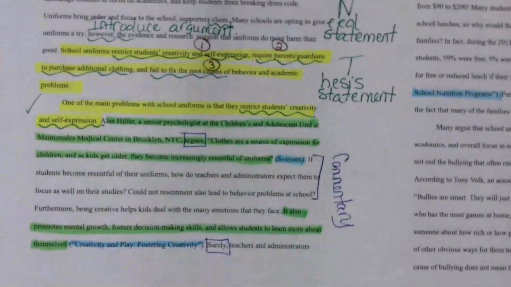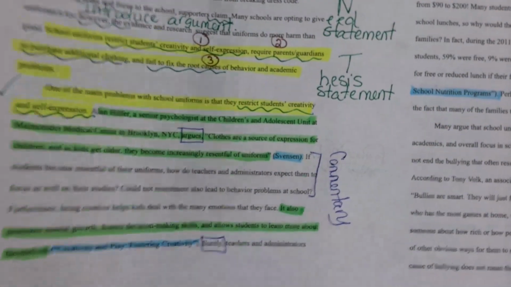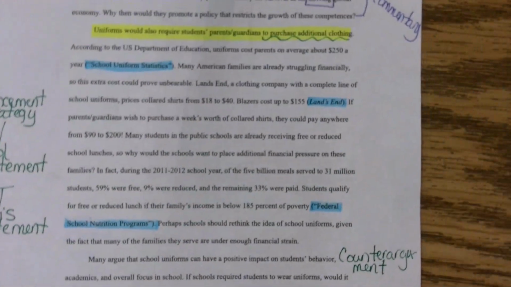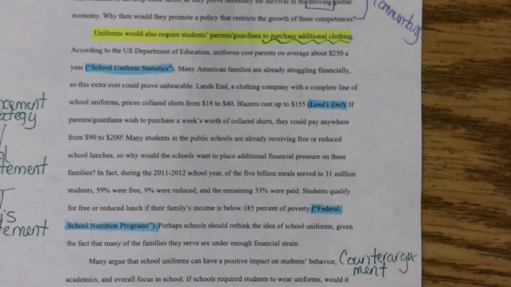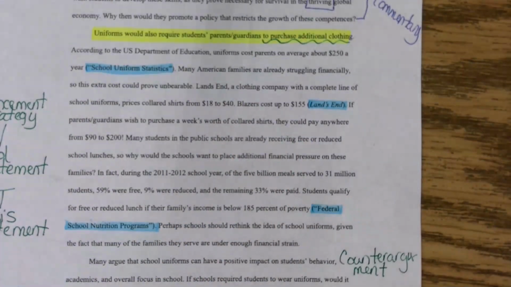So notice in this body paragraph, two different resources are used. And I'm not going to read through this body paragraph, but I wanted to show you that there are 1, 2, 3 different resources used in this paragraph. So some of you are asking, why do we have 4 resources?